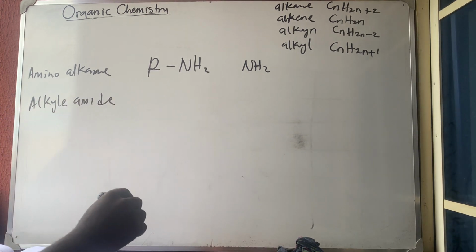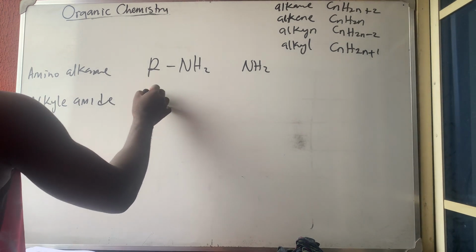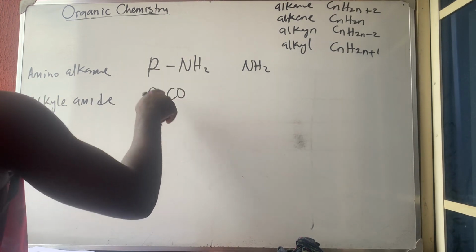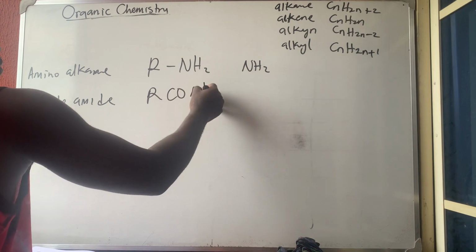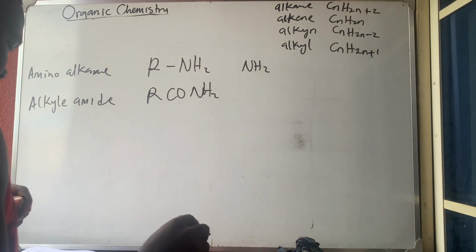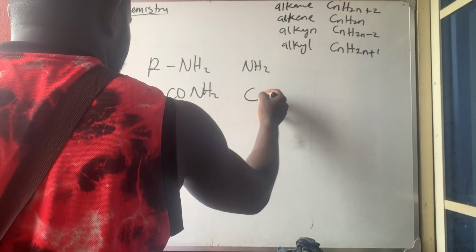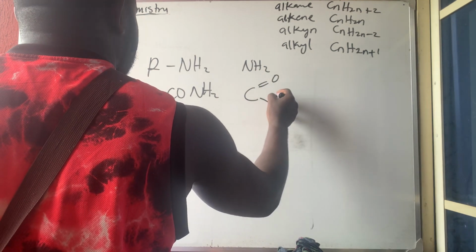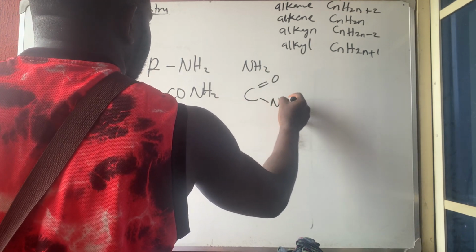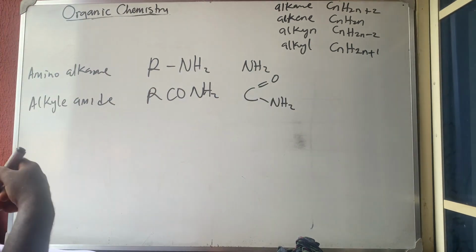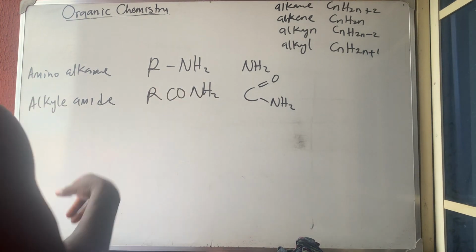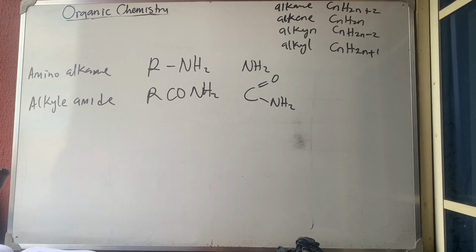For the alkyl amide, it is simply RCO before you now put your amino. It is given by C double bond for the O and single bond for the NH2. So CONH2 is their functional group.